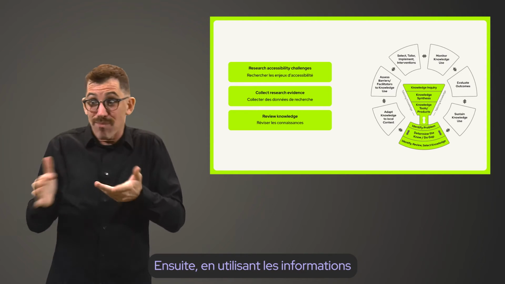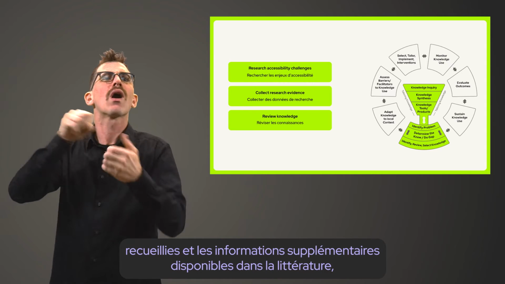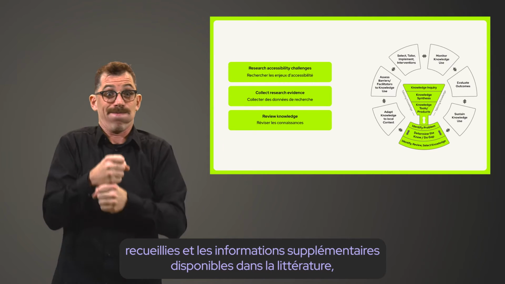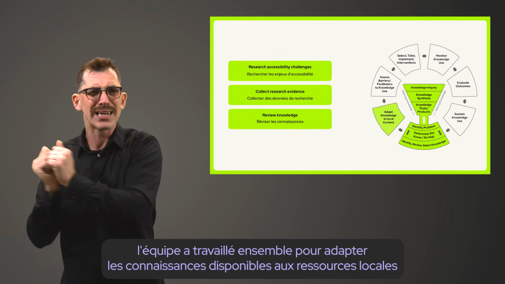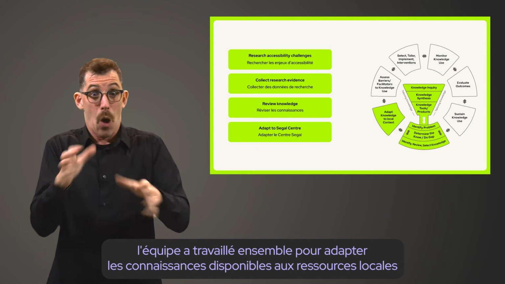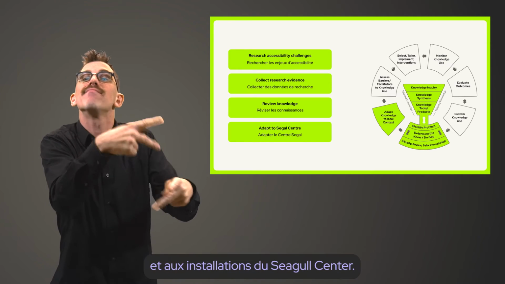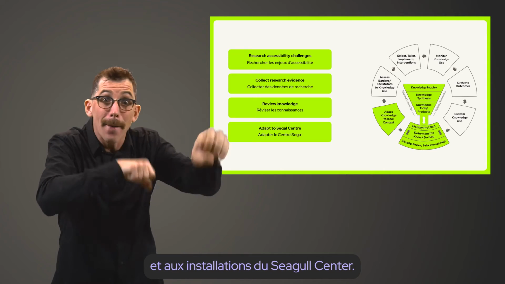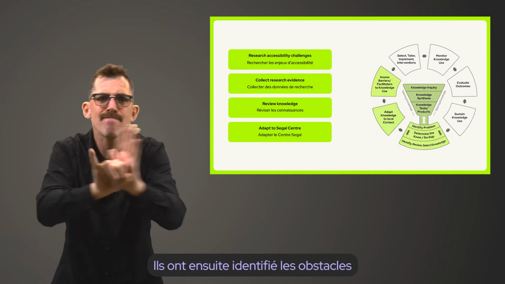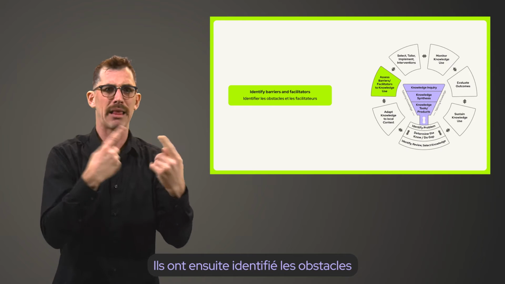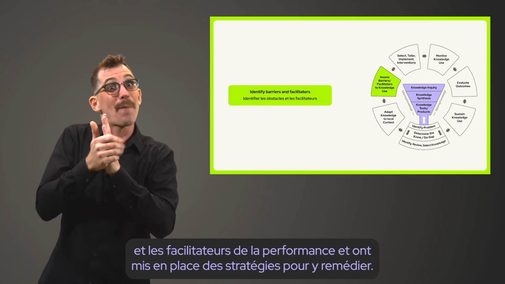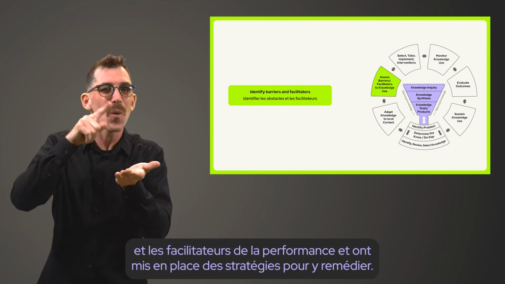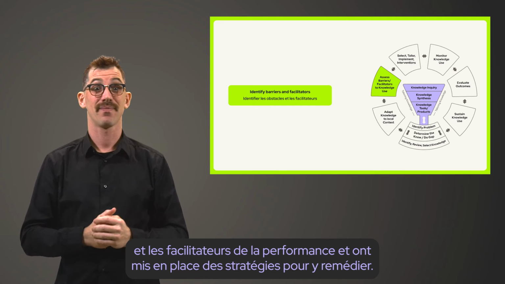Then, using this information they collected and the additional information previously available in the literature, the team worked together to adapt the available knowledge to the local resources and facilities at the Segal Center. Then, they identified barriers and facilitators to the performance and put strategies in place to address these.